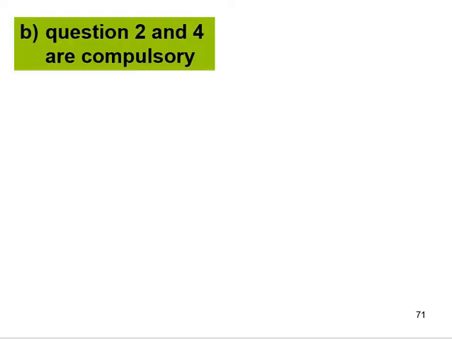And now let's look at B. Questions 2 and 4 are compulsory. So question 2 is compulsory, so I'm going to put 1C1 for question 2. And then question 4 is also compulsory, so we have to choose question 4, so 1C1 also. And then we have already chosen 2 questions.